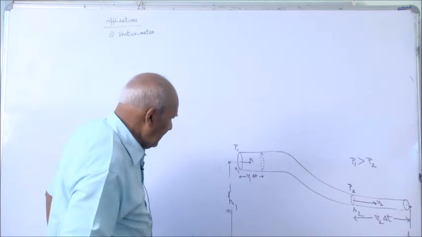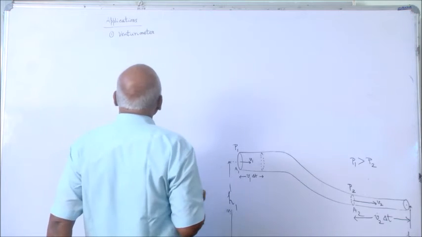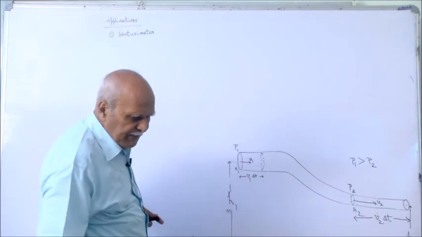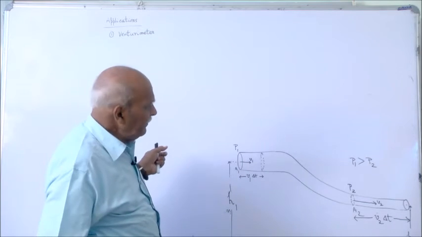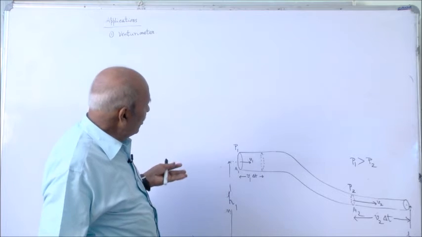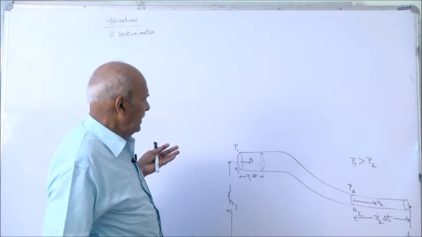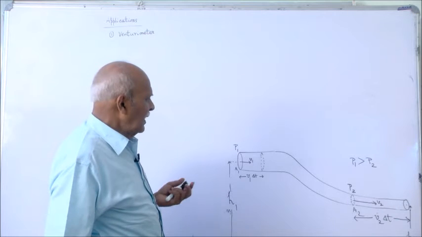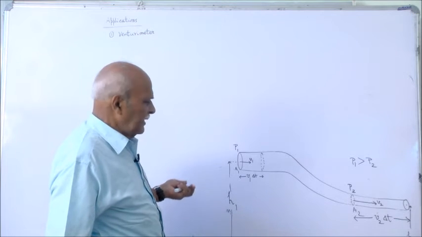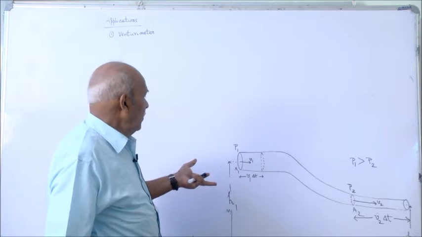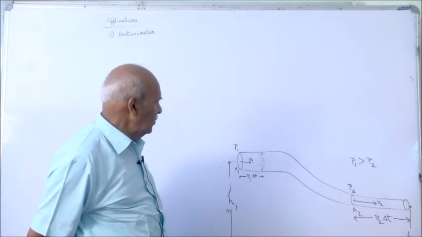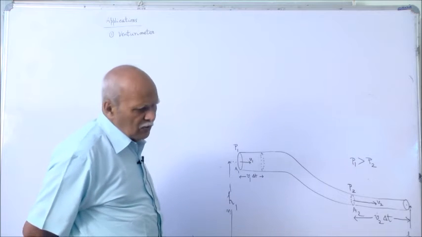So, according to his name, it is Venturi meter, and the prime work of this device is to measure the volume of liquid flowing in a pipe. So, that one may think that if area of cross section is known, then velocity of flow is found out, then volume can be easily found out.